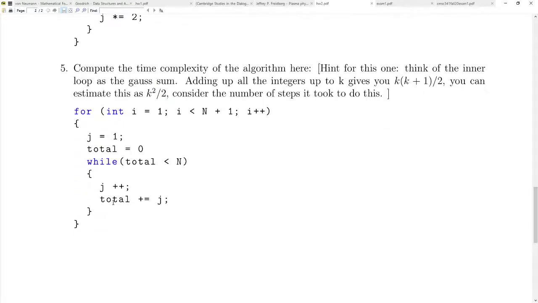Because the total, while the total is less than n, how long does it take for the total to get up to n? We're not adding up squares. What we are doing is getting to a square. So the number of steps is approximately, well, I shouldn't say that. The square of the number of steps, that's the right way to say it. Let me quote that here.